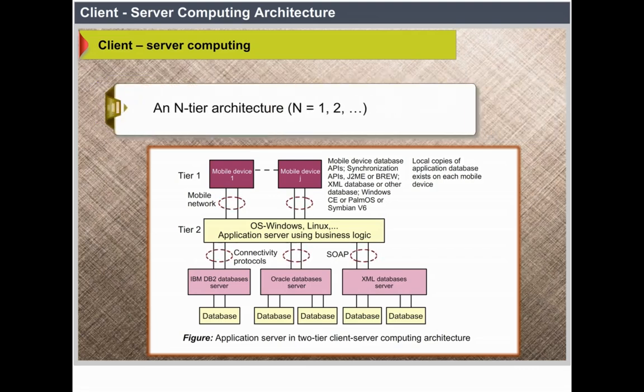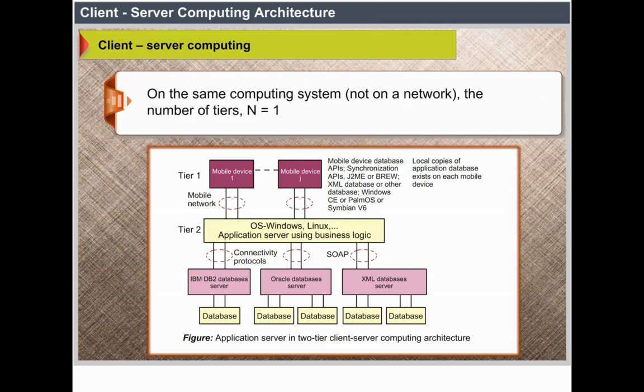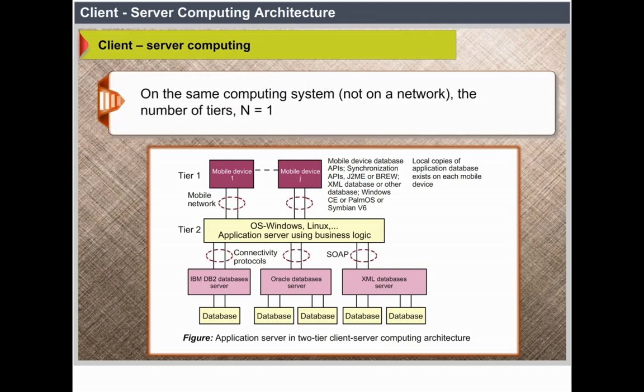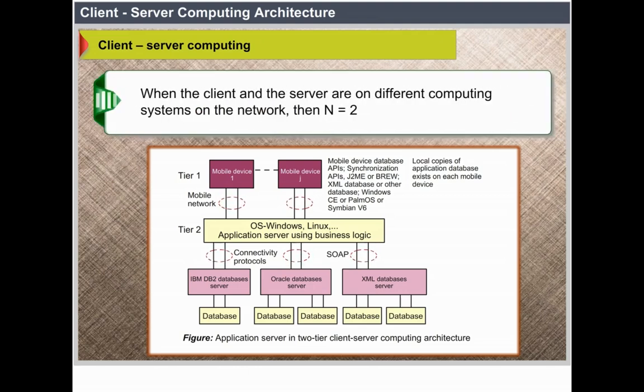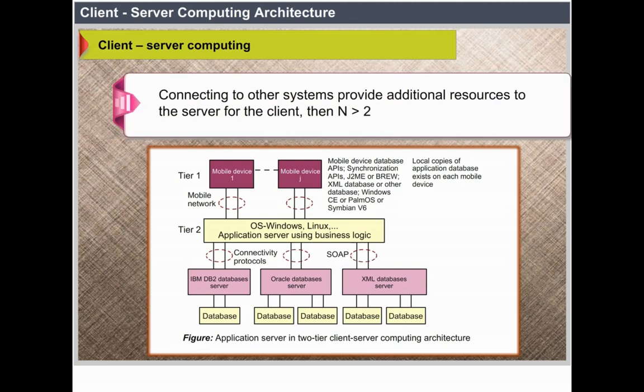An n-tier architecture, where n is equal to 1 or 2 or more. When the client and server are on the same computing system, not on a network, then the number of tiers n is equal to 1. When the client and the server are on different computing systems on the network, then n is equal to 2.